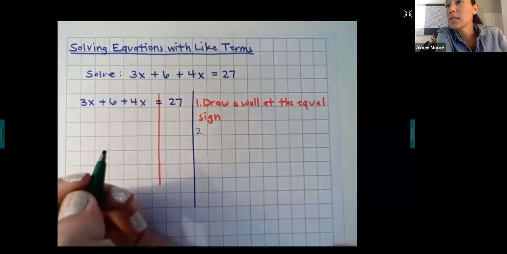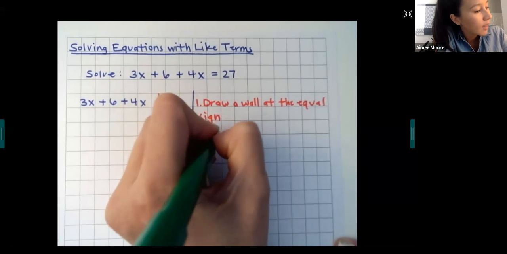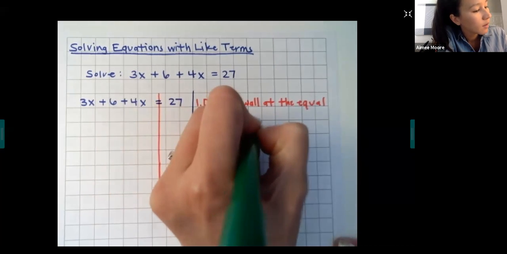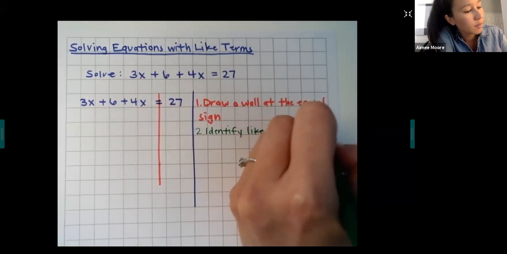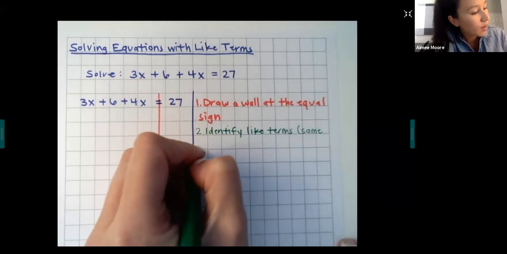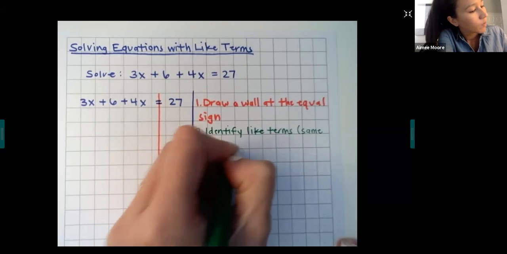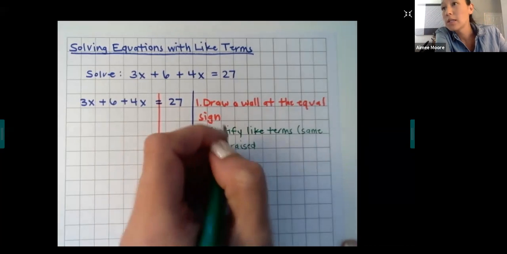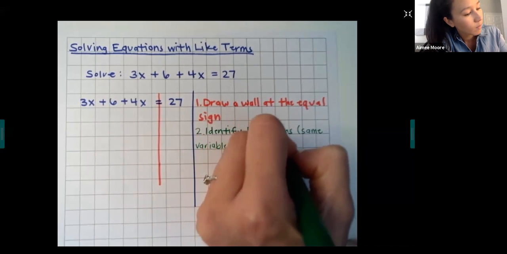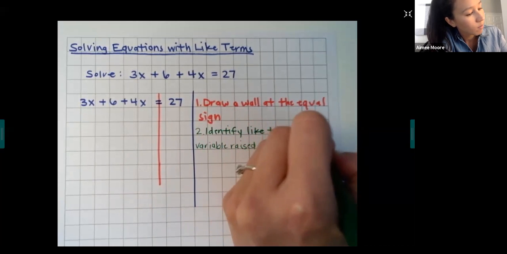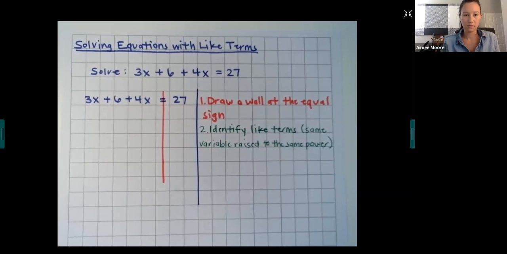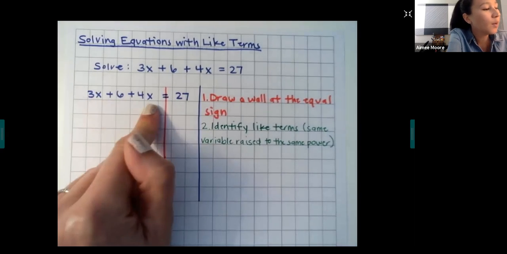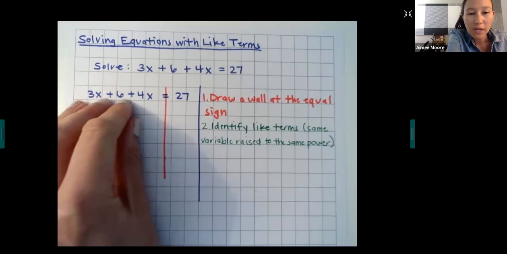Okay, once we do that, step 2 is we're going to identify like terms. And in case you forgot, like terms have the same variable raised to the same power. You're only looking at each side of the equation separately.